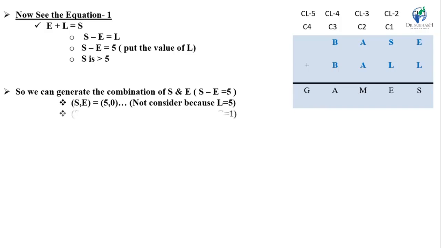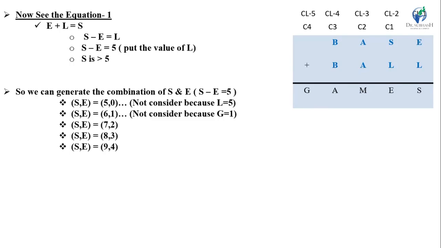Next, 6, 1 is not possible because G is equal to 1. So we can predict the values of S and E as 7, 2 or 8, 3 or 9, 4. So finally, we select the values of S and E as 7, 2 or 8, 3 or 9, 4.